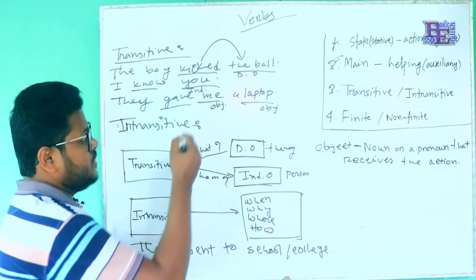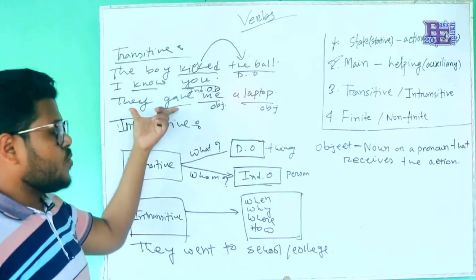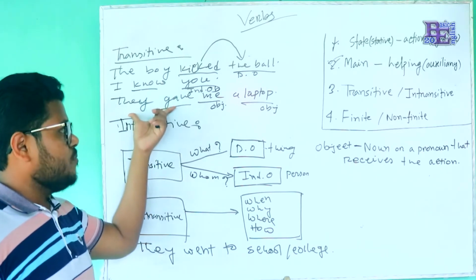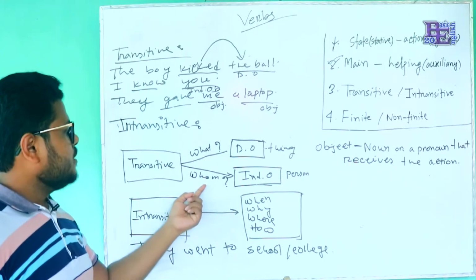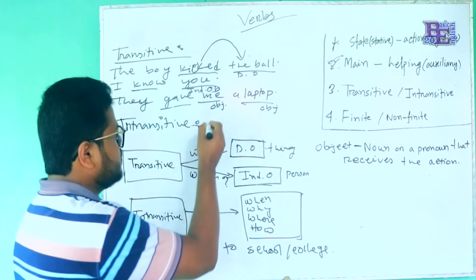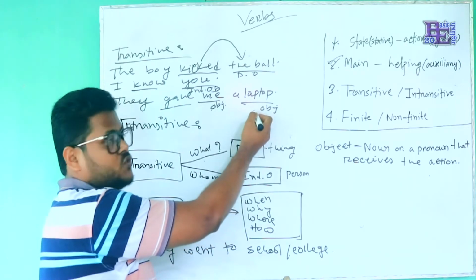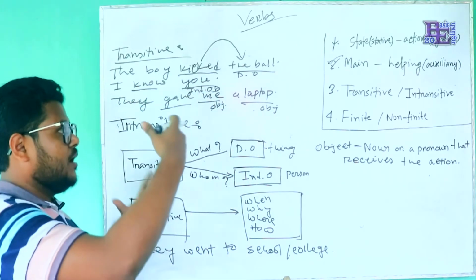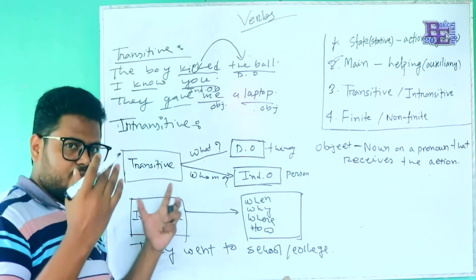So you is an indirect object here. And in the third sentence, you will get the answer of both what and whom. The answer of whom is me, and the answer of what is laptop. That means we are getting the combination of the direct and indirect object in the same sentence.